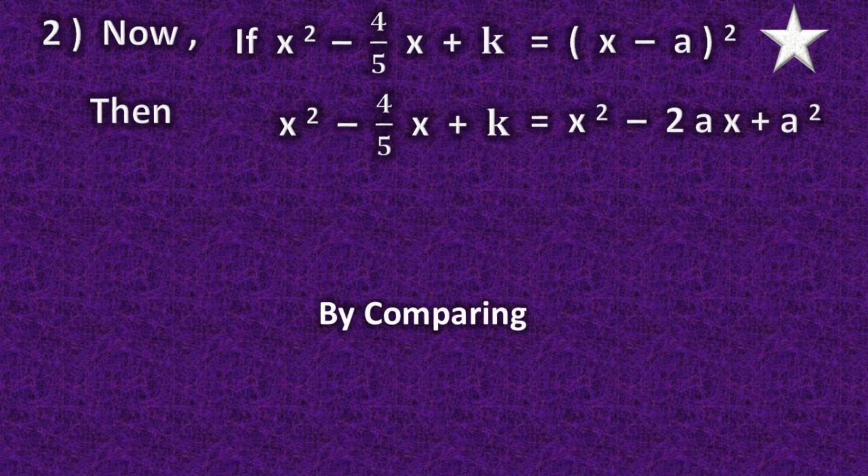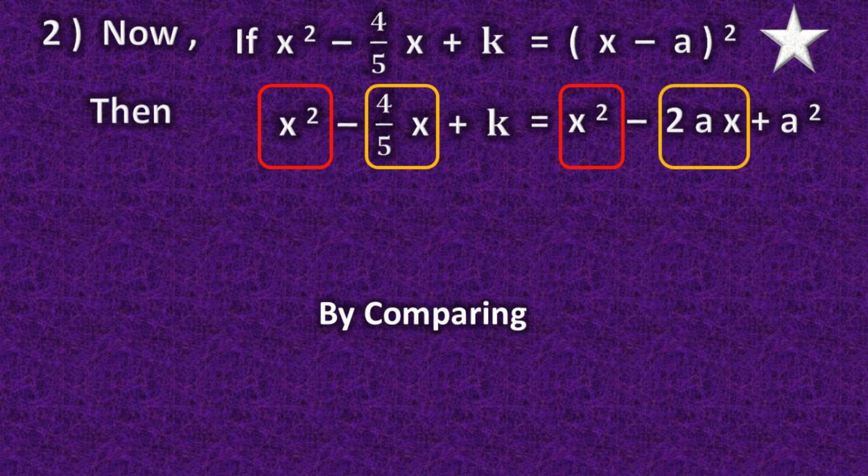Now compare. Student, mind here, in the bracket, if the question has the second sign minus, then the bracket will have minus, and if the question has the second sign plus, then the bracket will also have plus. Consider the yellow box. Minus 2ax is equal to minus 4 upon 5 x. Minus minus we cancel directly. Second part, k is equal to a square.